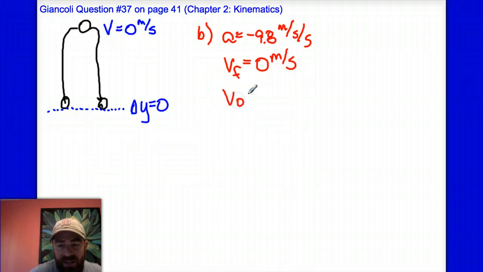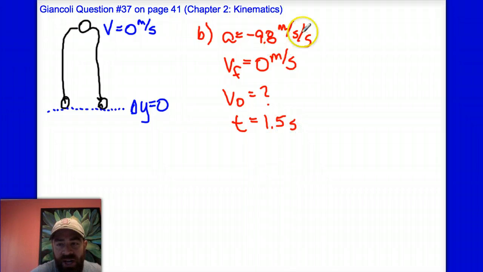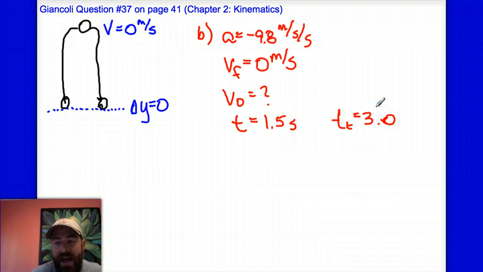Its initial velocity is unknown, and we know that the time, due to this symmetry, is going to be equal to 1.5 seconds. Note that the total time, which I'll write off here to the side, is 3 seconds. But you can recognize that due to symmetry here, the time to reach its maximum height up here at this position is going to be half of that, or 1.5 seconds.